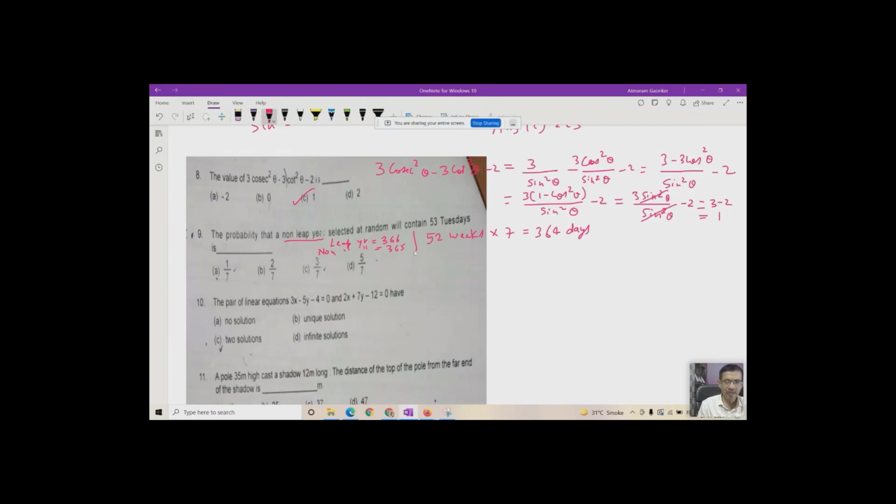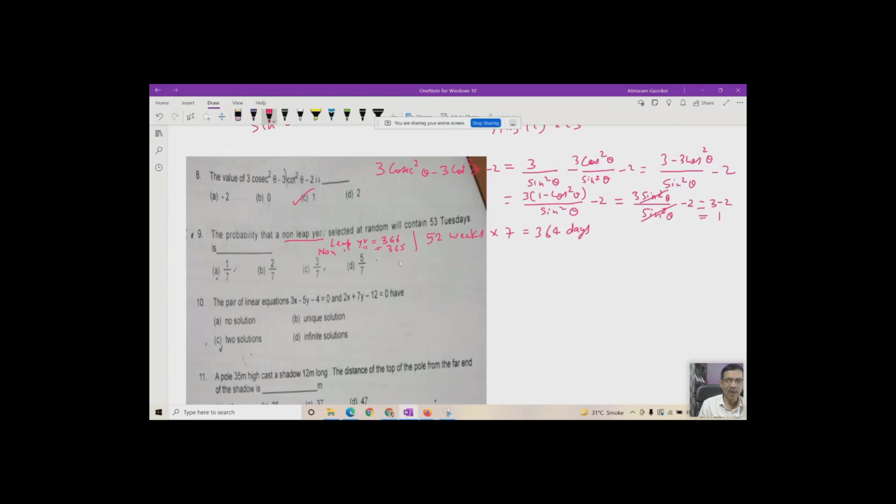That means if you start from Sunday, Monday, Tuesday and go up to Saturday in 7 days, all these 7 days will occur, each day will occur 52 times in a year, and 1 day is left. So that 1 day can be Sunday, Monday, Tuesday, Wednesday, Thursday, Friday or Saturday.